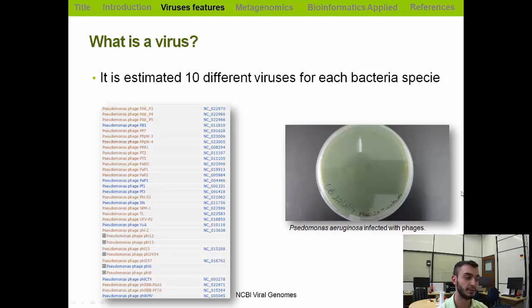I show you this part of the NCBI viral genomes page, and we have here a lot of Pseudomonas phages with complete genomes, and just a part of them, because there are a lot more Pseudomonas phages that couldn't fit here. Just to give you an idea that there are a lot of phages for perhaps just one genus, or even for just one species.